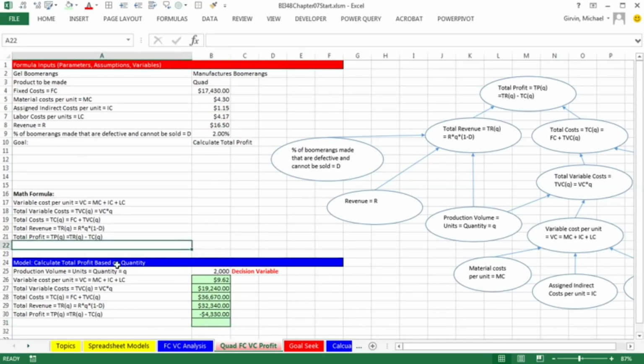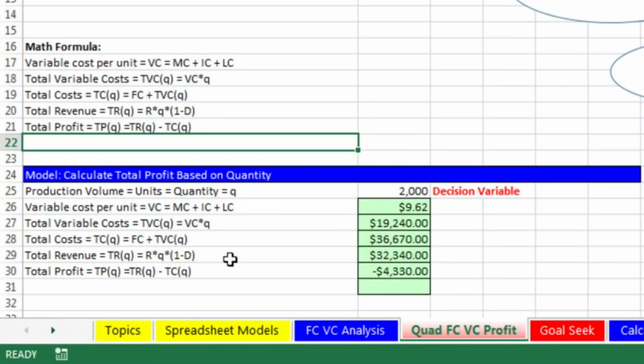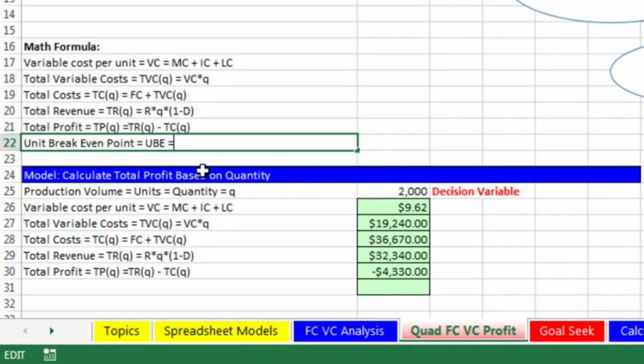Now I want to come over here and we're going to define a new formula. Unit break-even point, that's the actual units that gives us an exact profit of 0, equals UBE for units break-even. Equals, and remember, there's two types of costs, fixed and variable.